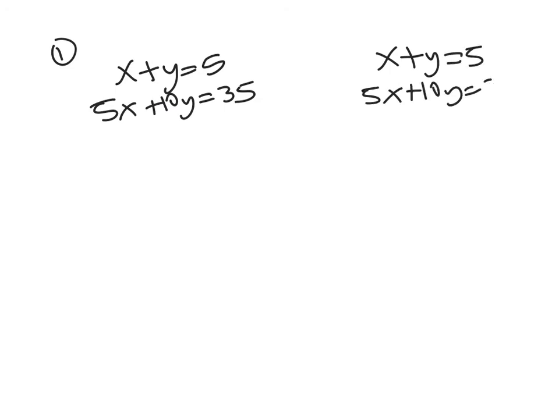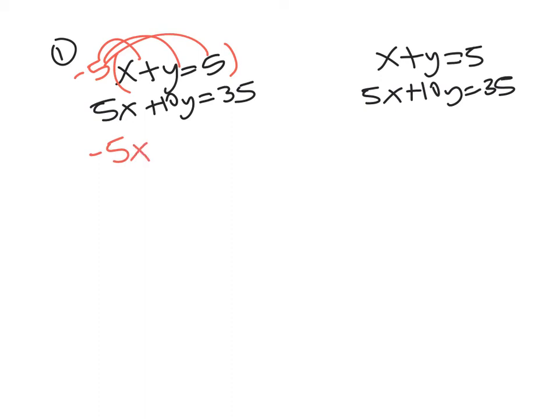Okay, so for this first one right here, if I want to eliminate the x, if this is a positive x and that's a 5x, to get this x to be added away, I have to multiply that whole entire thing by -5 because -5x and positive 5x will cancel out. So I'm going to distribute this -5 to everything here.